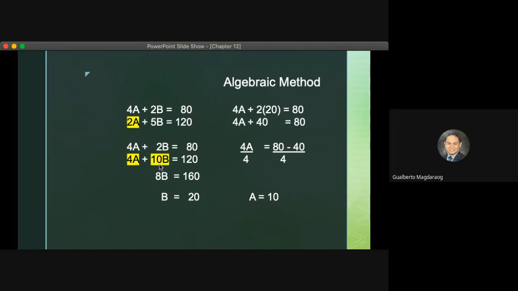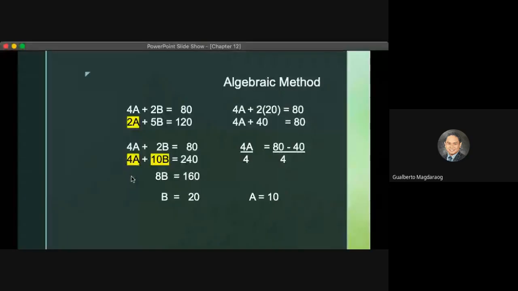I did not change it. Sorry, let me change this one. Okay.